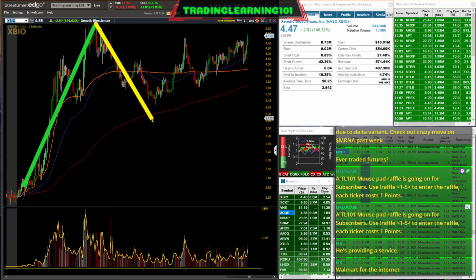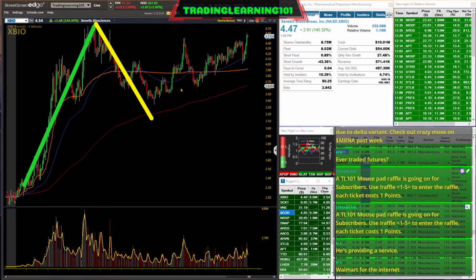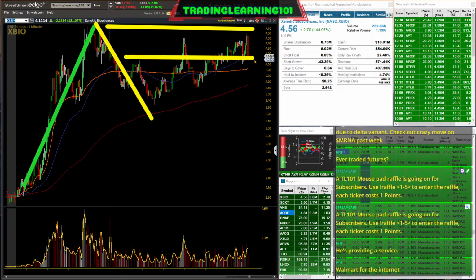How many times have we seen a stock in many different forms just gradually grind all the way back up, or however it moves, either back up to its high or halfway from its high? You get what I'm saying?